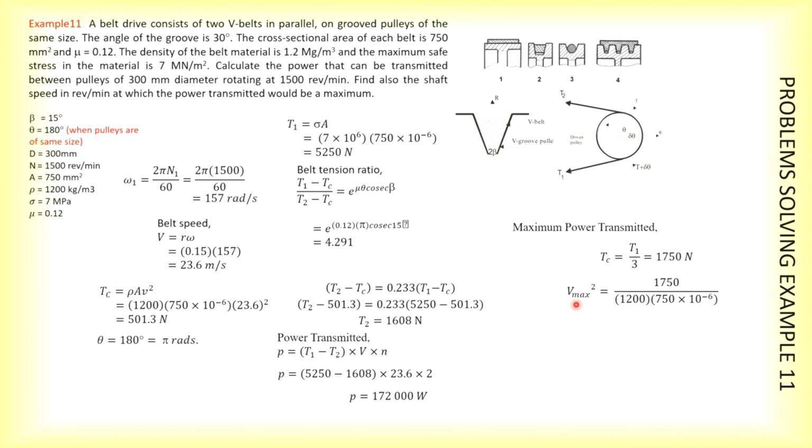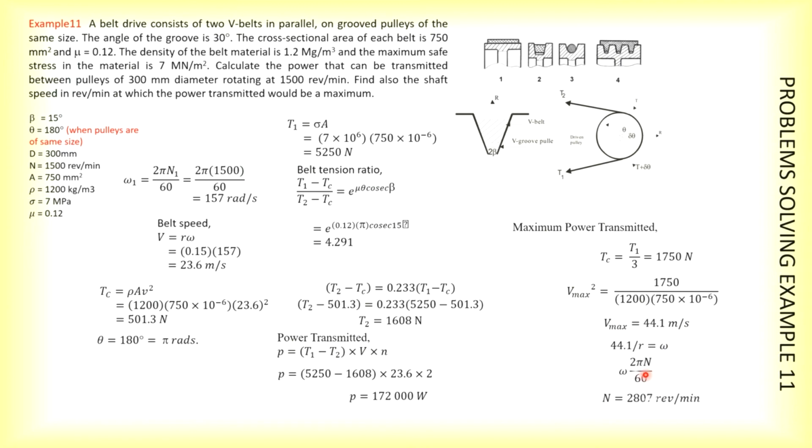So you have to first find out the Vmax before you can find out the power max. Once you have found Vmax, just substitute into the power transmitted formula to find out the power max. So the Vmax should be 44.1 meters per second.